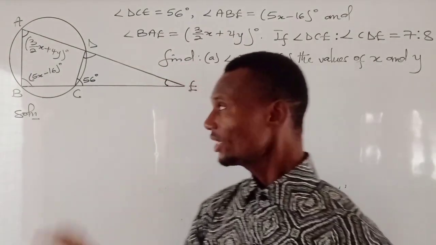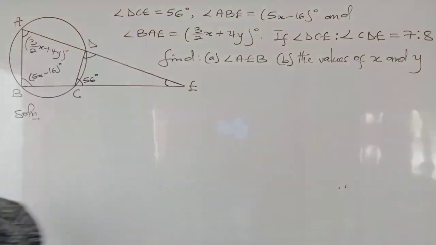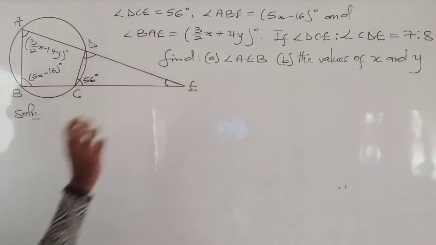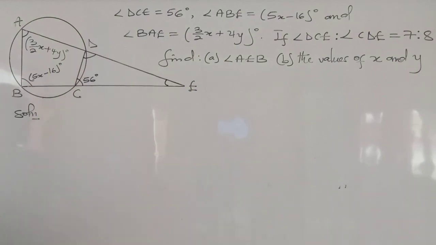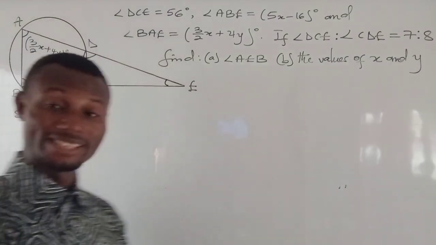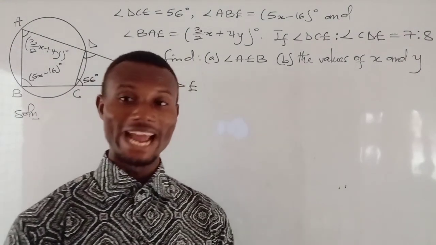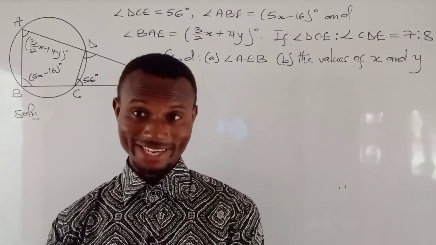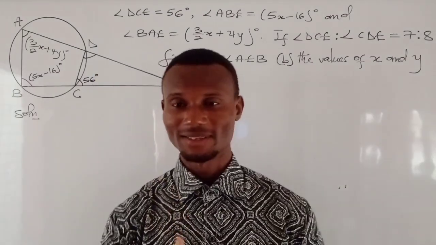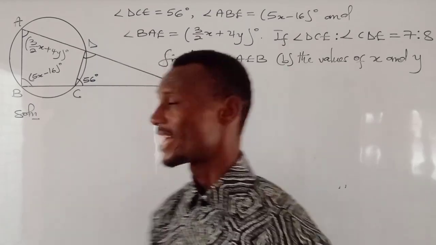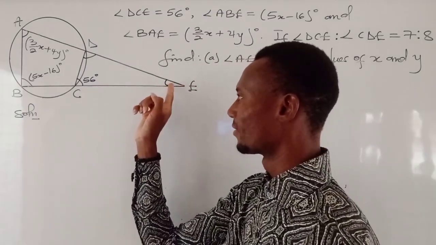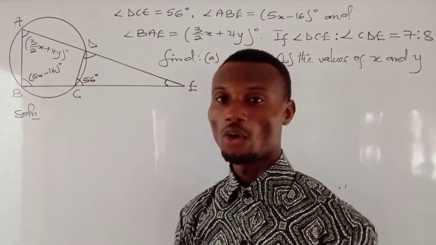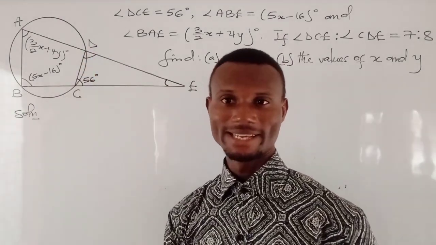So now I'm going to write, considering the triangle CDE, because we are going to use the property which says that the sum of the angles in a triangle is equal to 180 degrees. Meaning that, please listen carefully, the angle here plus the angle here plus the angle here should be equal to 180 degrees.